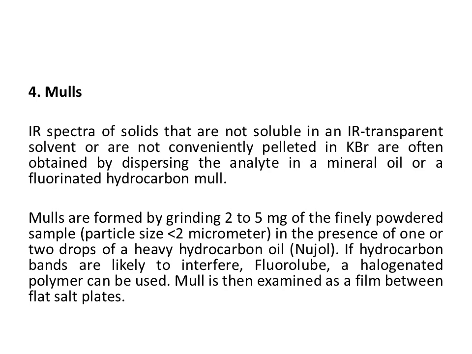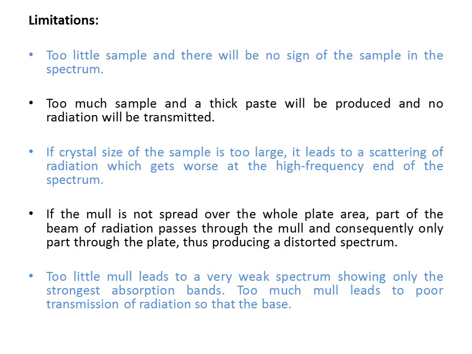So you take the substance, finely powder it, and mix it along with Nujol or Fluorolube, and then this mull is sandwiched between two flat salt plates like KBr. You introduce it into your sample compartment.